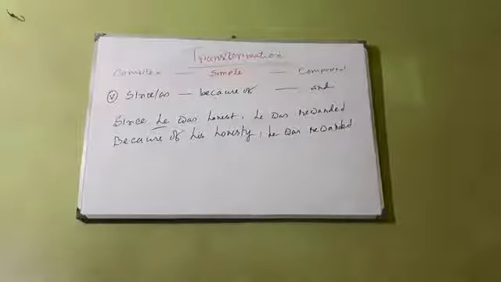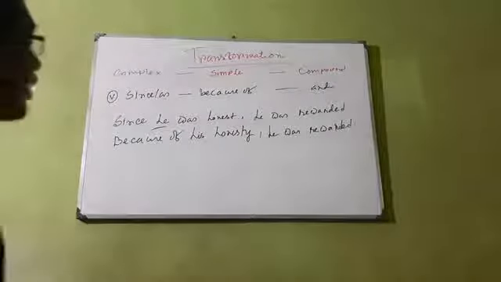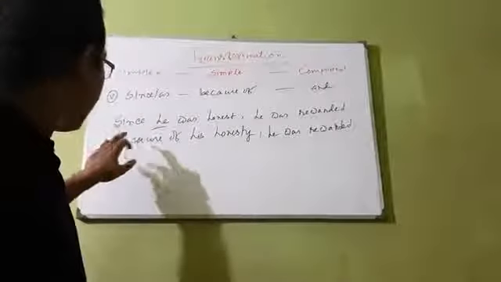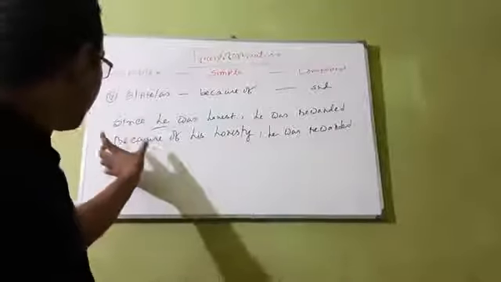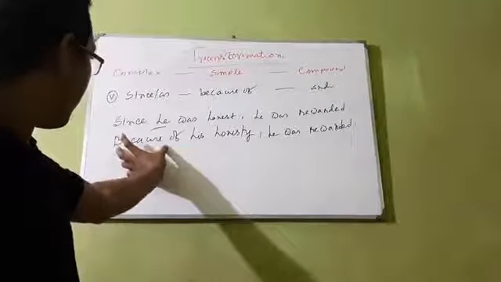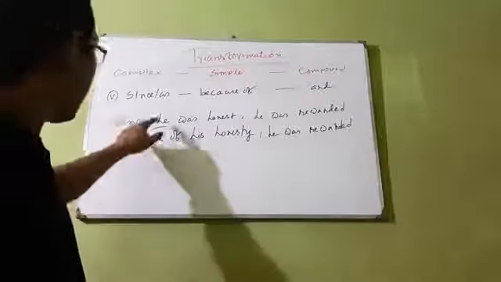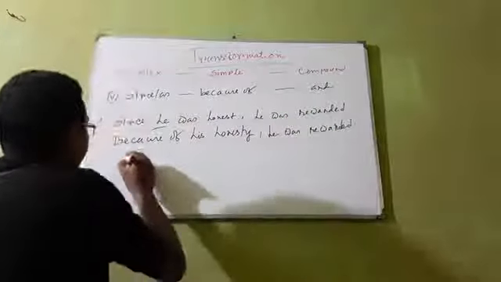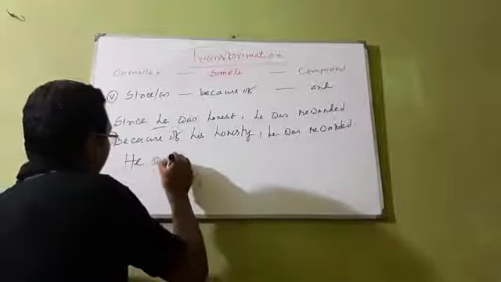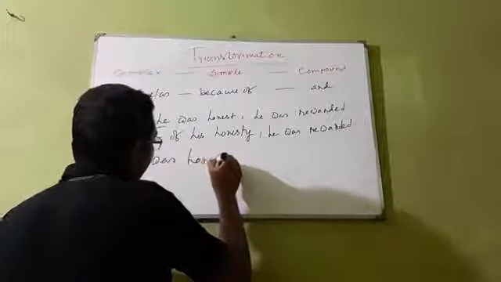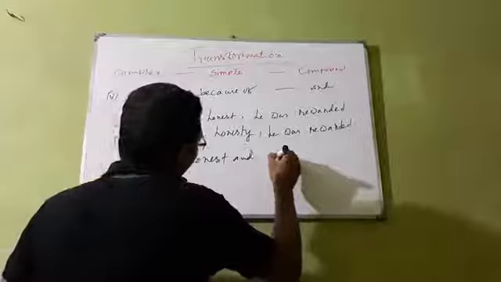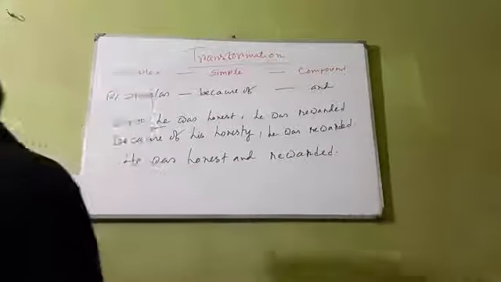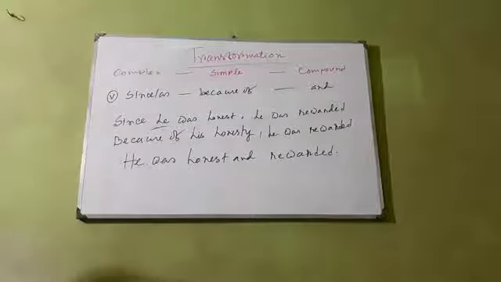Now if we want to make the sentence into compound, we have to use and in place of the comma. Then we have to omit the first part of this sentence. He was honest and was rewarded. Okay. Now go to number 6.